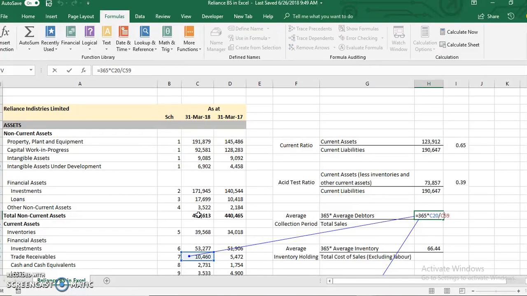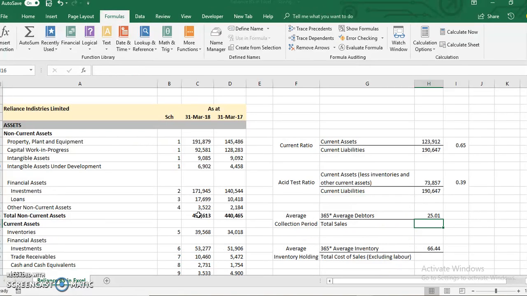How we are dividing it is, divide by 2. So you will see the average collection period increased to 25 from 12. Which means that in this case the company is able to collect its dues within 25 days, which is pretty fast.